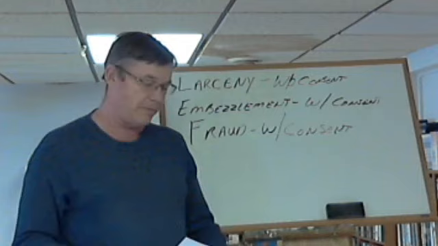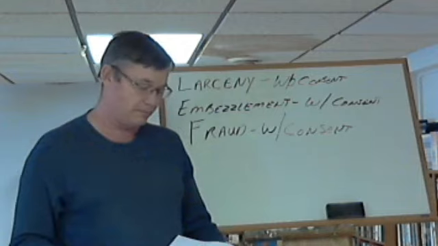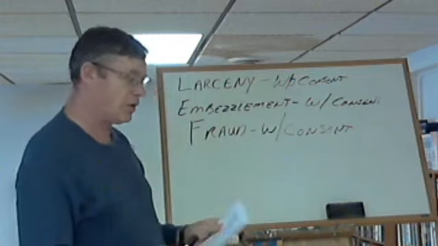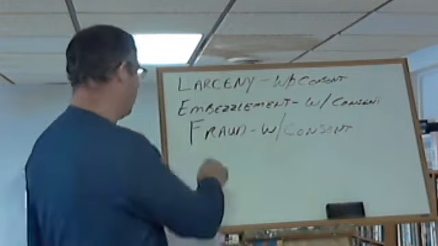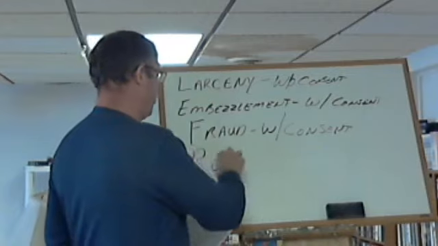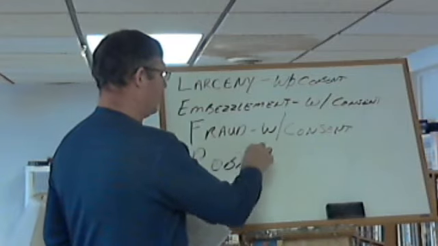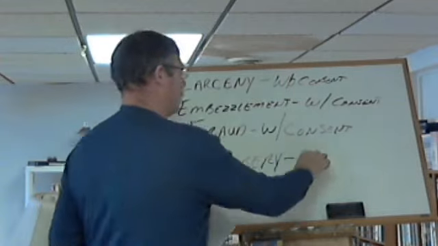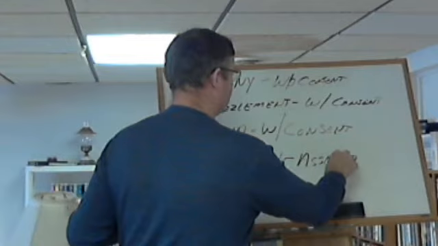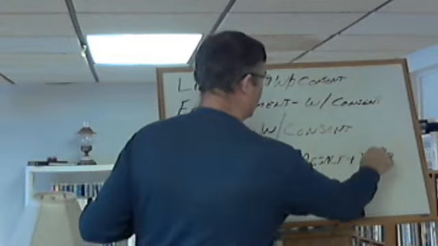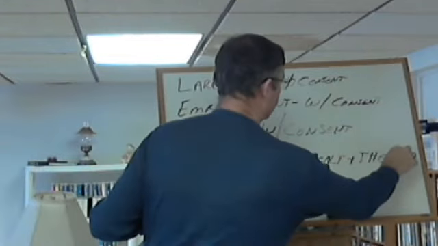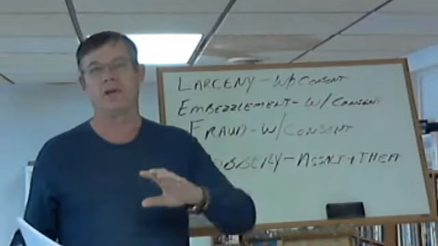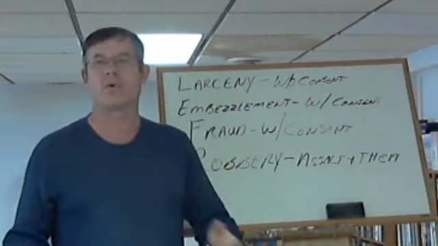Now, I guess we can talk about robbery real quick. This is very old. As I said last week, robbery can be really a crime against persons or a crime against property.